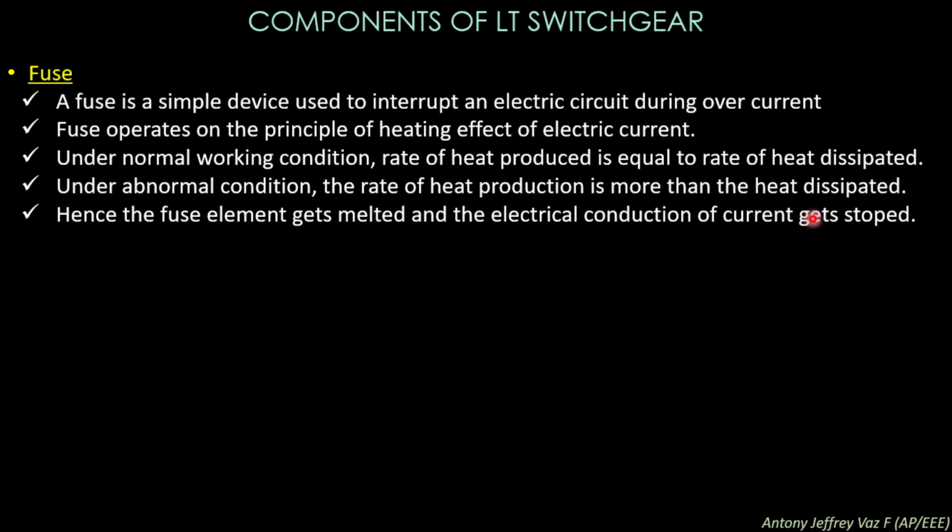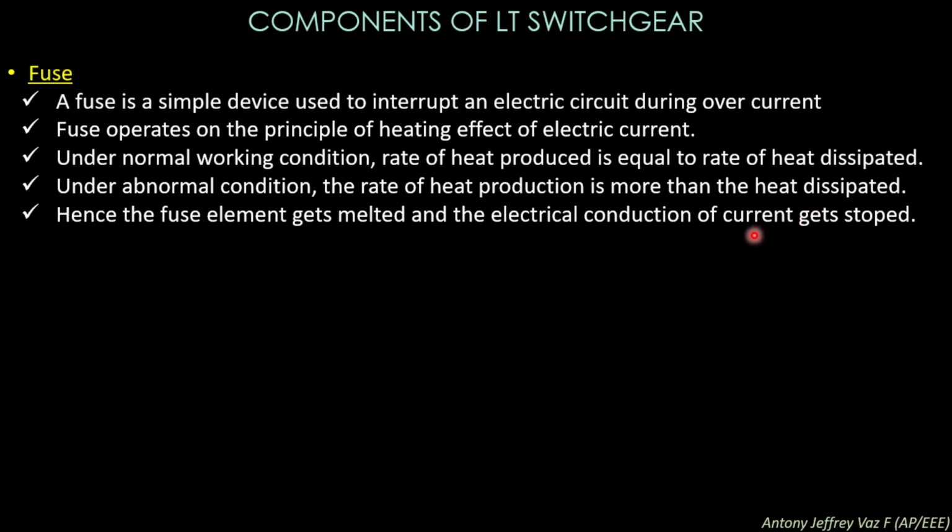So, in a certain scenario, when more current than the rating of the instrument is entering into the instrument, the fuse will get more heat. At that time, the fuse element gets melted, and the fuse will cut down.